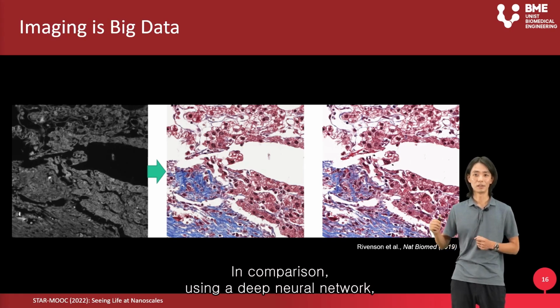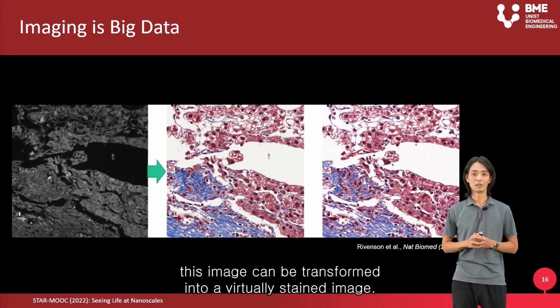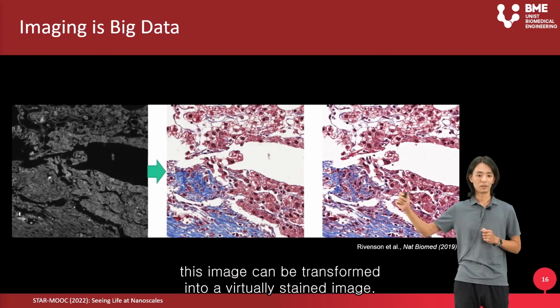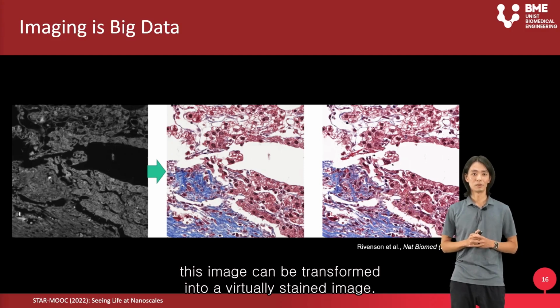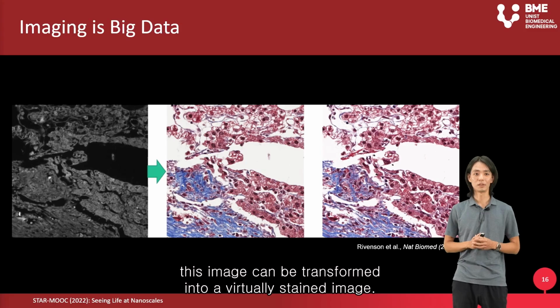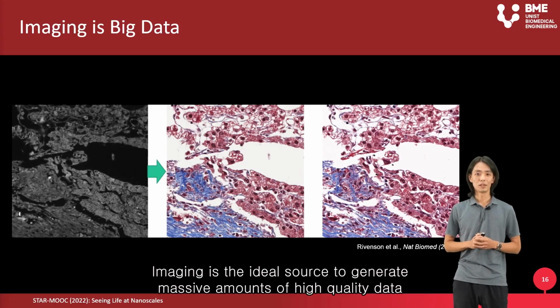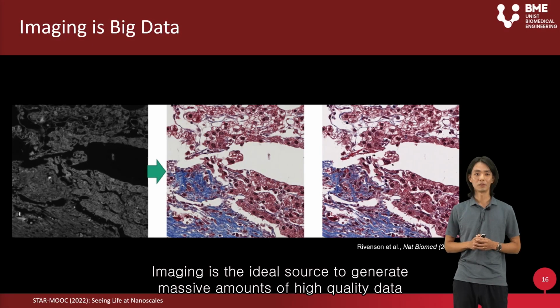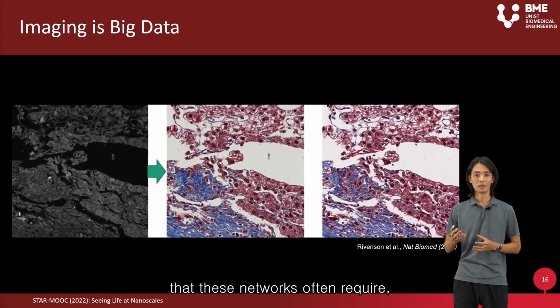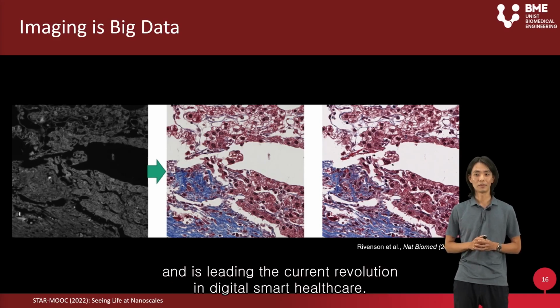In comparison, the image in the center was generated using a deep neural network. The image far on the left was used as the input data, and this image was transformed into a virtually stained image. Imaging is the ideal source to generate such massive amounts of high-quality data because these networks often require those, and is leading the current revolution in digital smart healthcare.